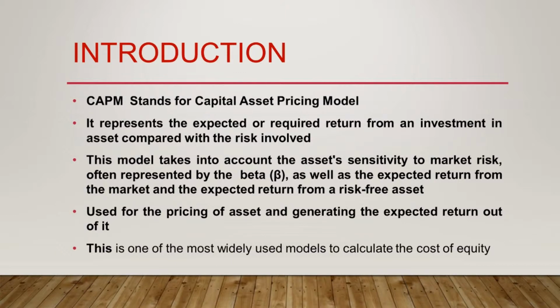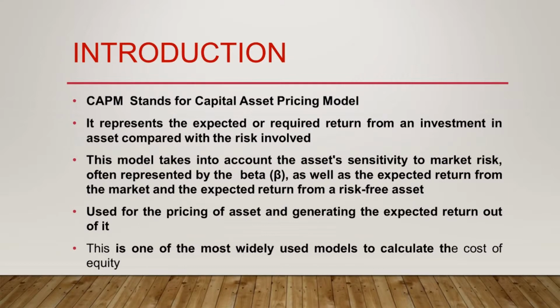This is one of the most widely used models to calculate the cost of equity, but it is not the single model used. There are other models as well, like the multi-beta CAPM, the dividend discount model, the arithmetic average historical return, or simply measuring the investors' expectations from the equity. All of these are taken into consideration.